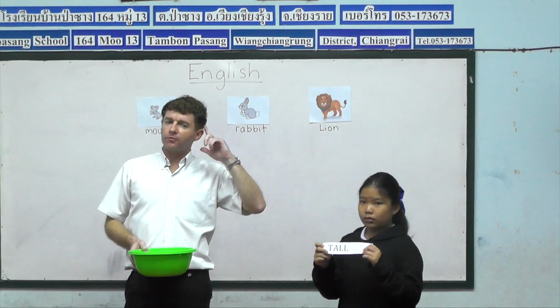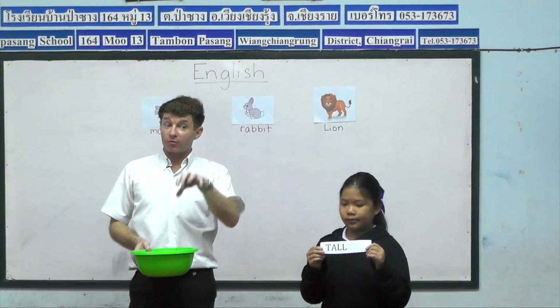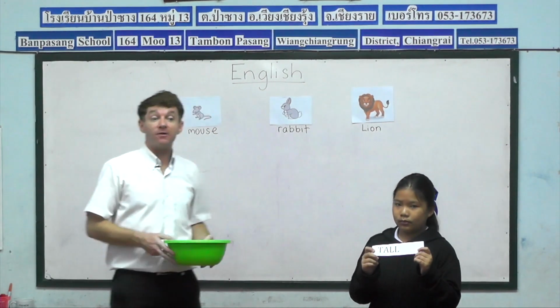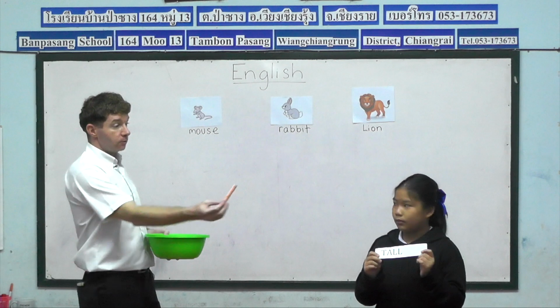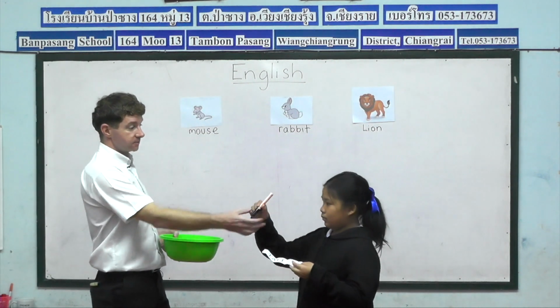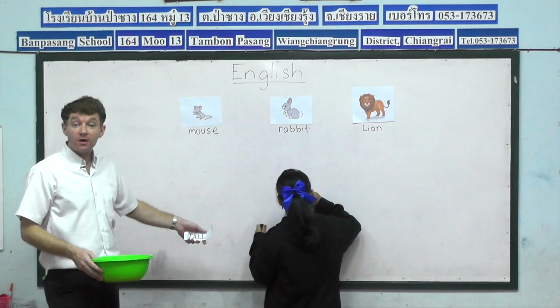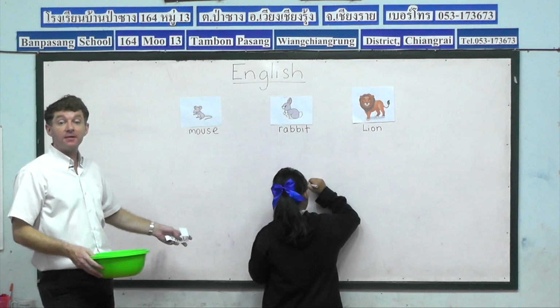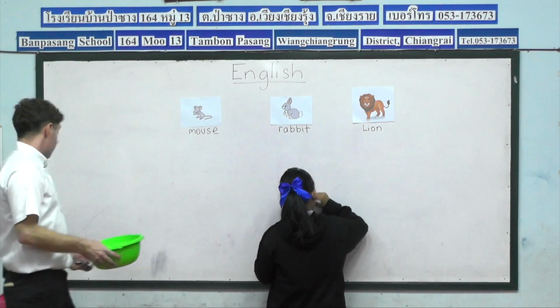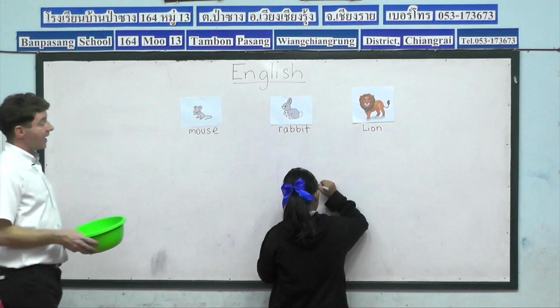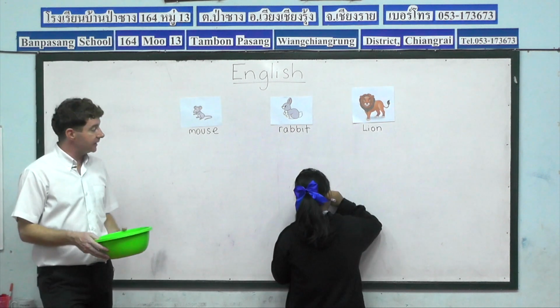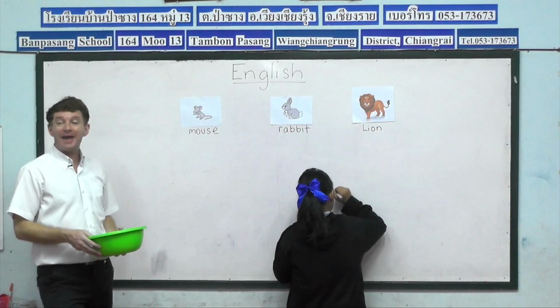Now, what rule do we need to use to go from tall to the comparative form? Lakau, can you demonstrate on the board, please? We go from tall to taller. So how do we spell? T-A-L-L-E-R. Excellent.